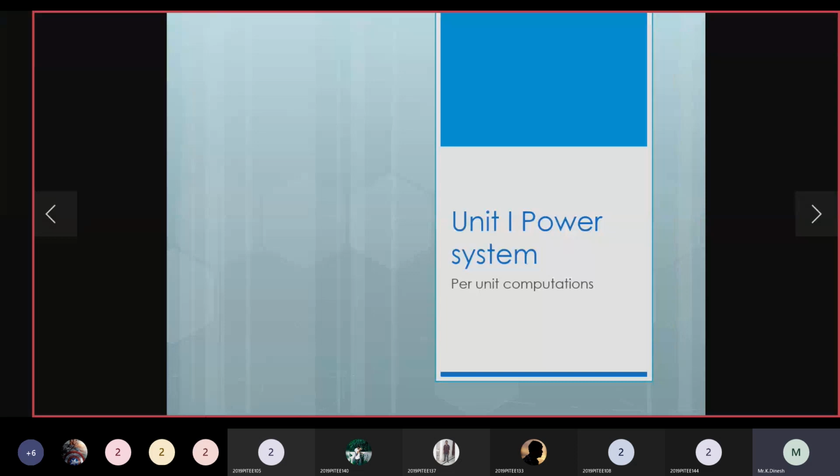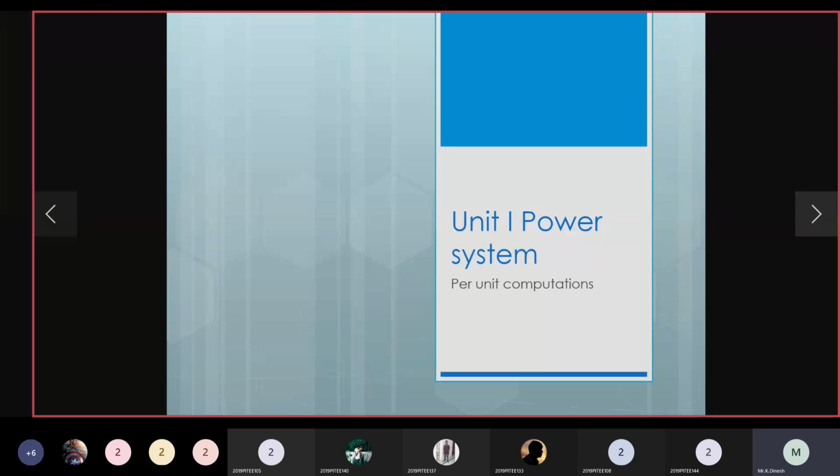So the first topic as per your syllabus is per unit computations, or otherwise the topic is said to be per unit analysis. First of all, we are going to discuss what the advantages of per unit computations are.